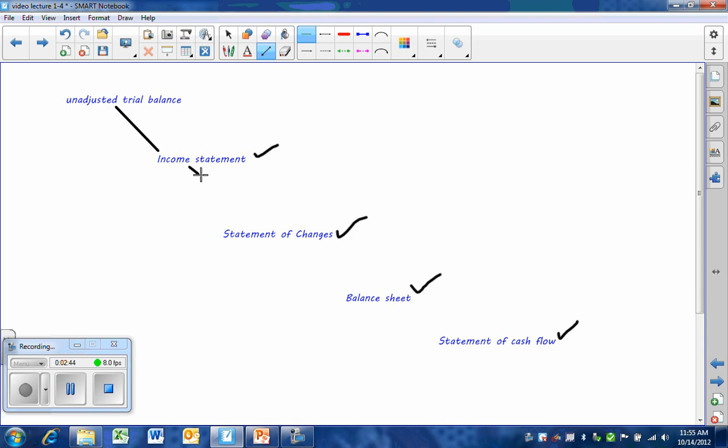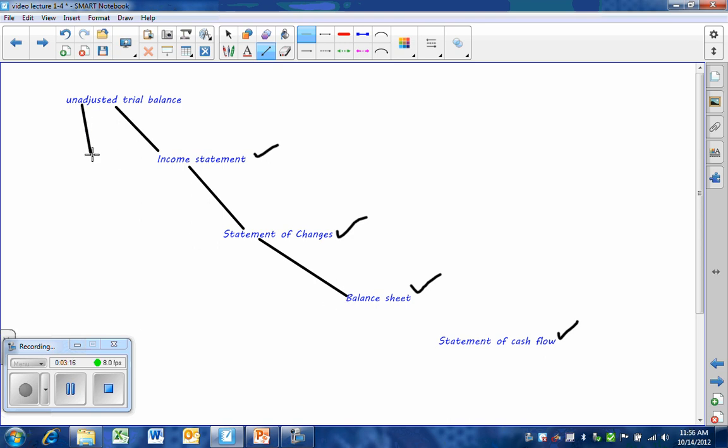Net income from the period flows to the statement of changes, where it will be used in the retained earnings portion of that statement. That statement will take the beginning retained earnings balance, add in net income, subtract out dividends to come up with the new ending retained earnings balance, which will flow to the balance sheet.